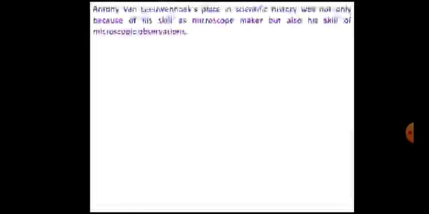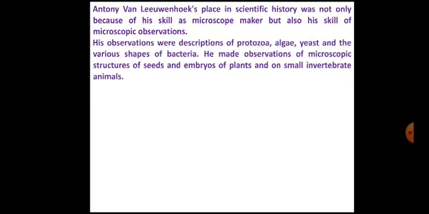Antony van Leeuwenhoek's place in scientific history was not only because of his skills as a microscope maker, but also his skills of microscopic observation. His observations were descriptions of protozoa, algae, yeast, and various shapes of bacteria.